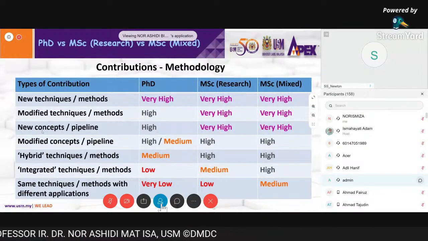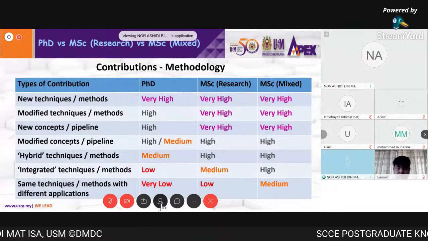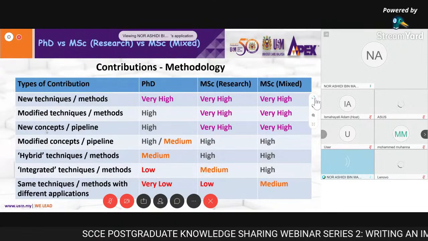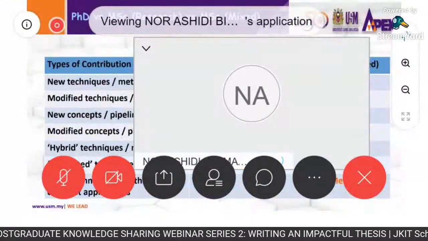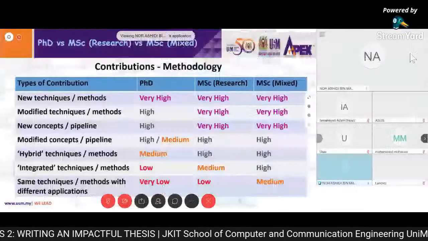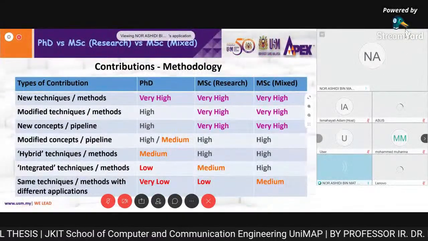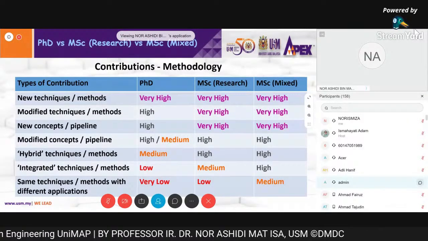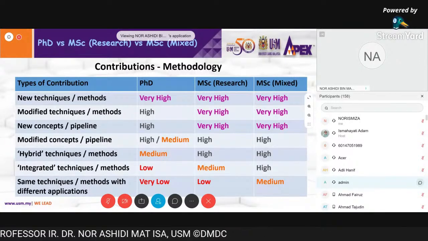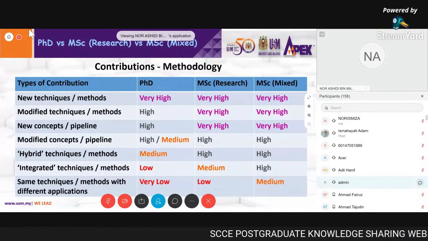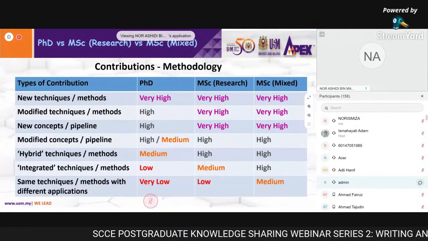The next one is a new concept, or new path. New concept or new path means that I use the existing methods, but I change the approach to reach a certain objective. I change the flow chart of that technique. I'm using the existing technique, but I change the flow chart and the approach.